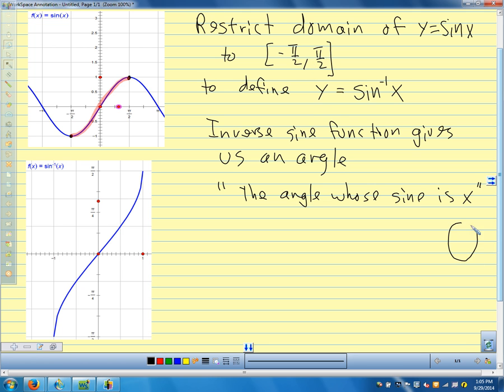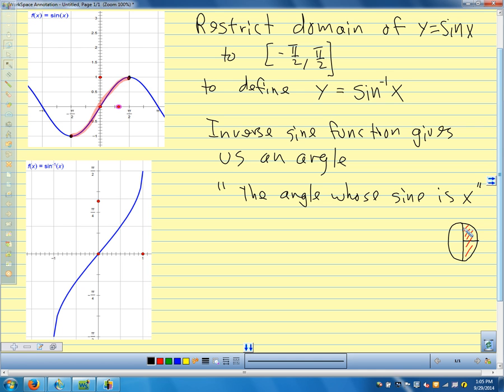So what that means is we're looking at this half of my unit circle. My angles are only going to come from that half of the unit circle. And these angles below the x-axis here, we're calling negative. That's where the negative pi over 2 comes from: negative pi over 2 to positive pi over 2.